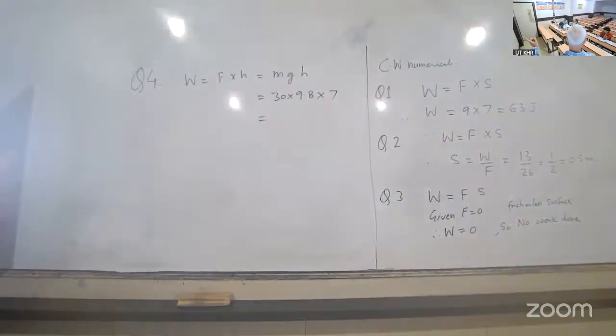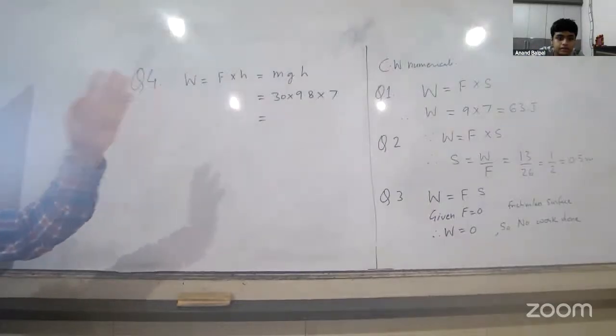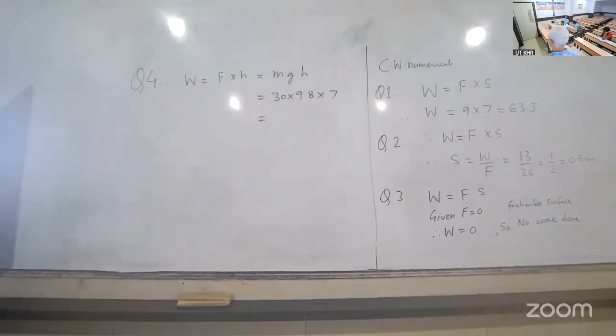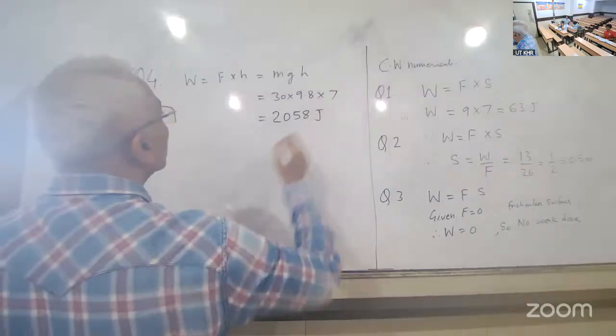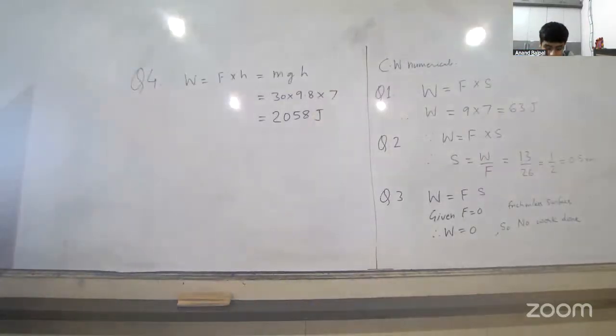Everyone understood how we did it? mgh. In the vertical direction, if the motion is in upward or downward direction, this is the formula for work done. In the horizontal direction, it is F into S. Did you calculate? Yes, sir. Okay.